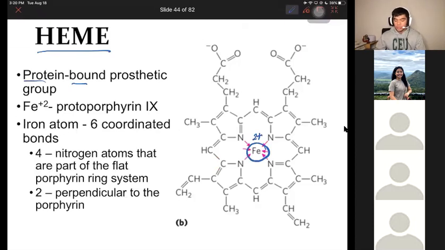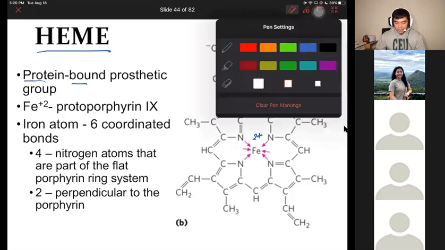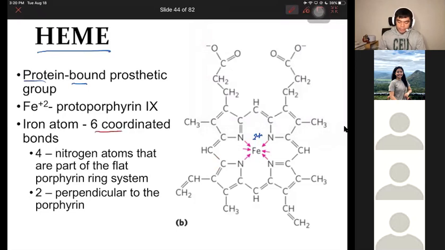And take note at the center, we have iron in ferrous state having 6 coordinated bonds. So pag sinabi nating 6 coordinated bonds, yung iron sa gitna, meron siyang 6 na kapitbahay. So una, yung 4, nandiyan pa kayo?